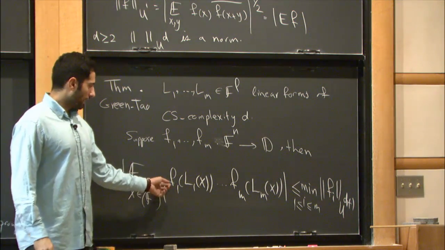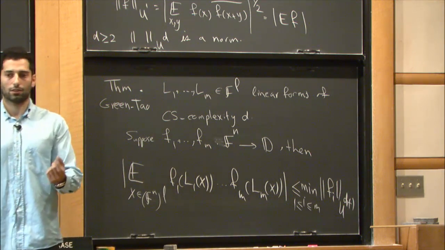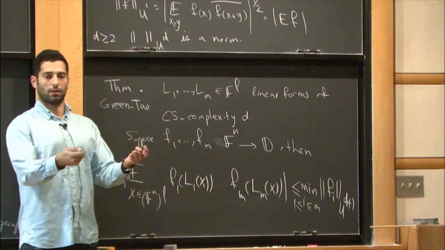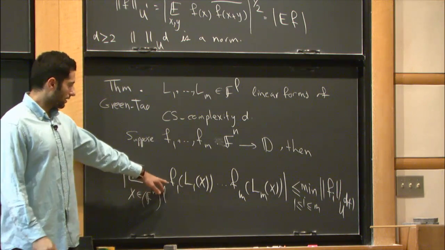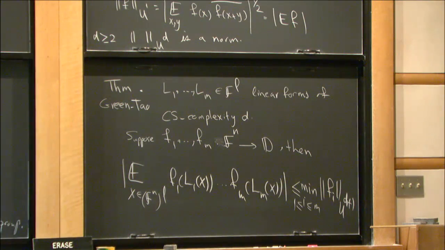So in particular, if I just pick all of my functions to be the same function, that's just the difference of the characteristic function of a set minus its density, then what this tells me is, okay, let me actually write that down.